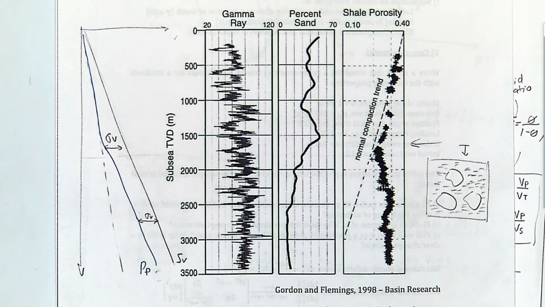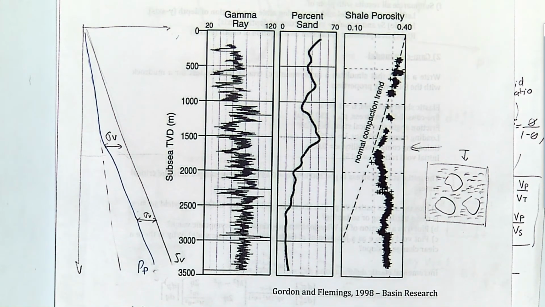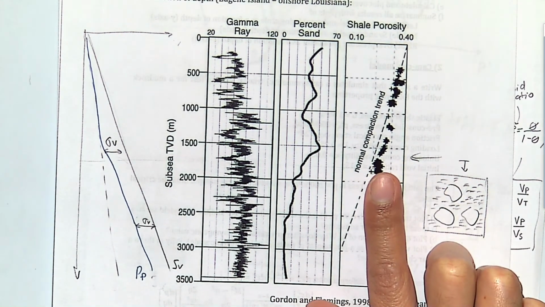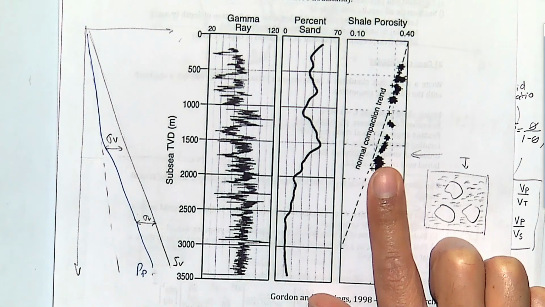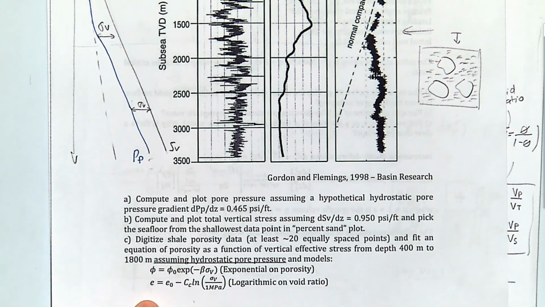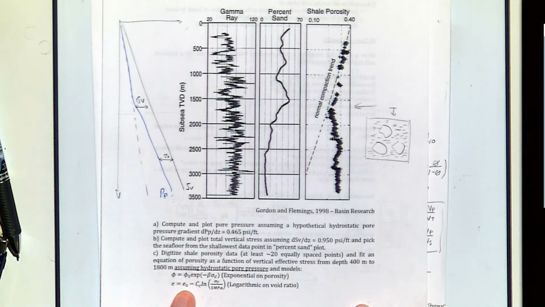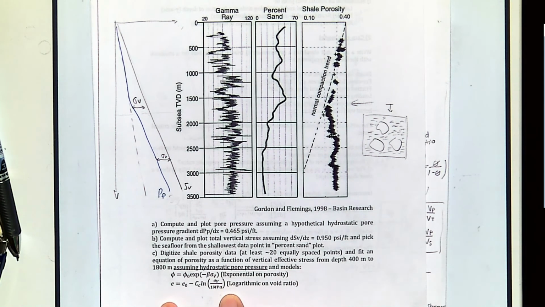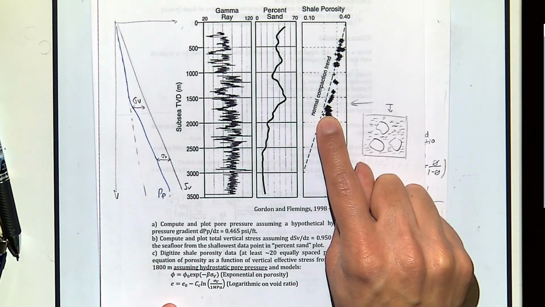So what I want you to do in this project is digitize the data with the normal compaction trend, or with the data up to this depth. You fit these lines. These are two possible models for porosity or void ratio as a function of effective vertical stress, assuming that up to here is hydrostatic.